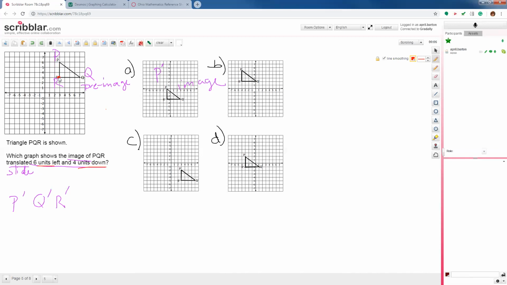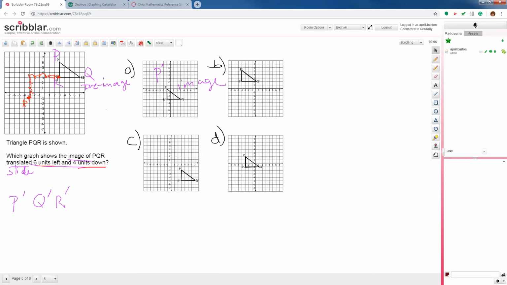This is not 1. 1 doesn't happen until you've actually gone a space over. So 1, 2, 3, 4, 5, 6. And then we also have to move 4 spaces down. 3, 4. We get where that new point is.